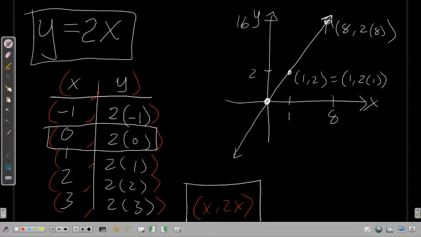And it literally says that the y-coordinates are always twice what the x-coordinates are. And that's it.